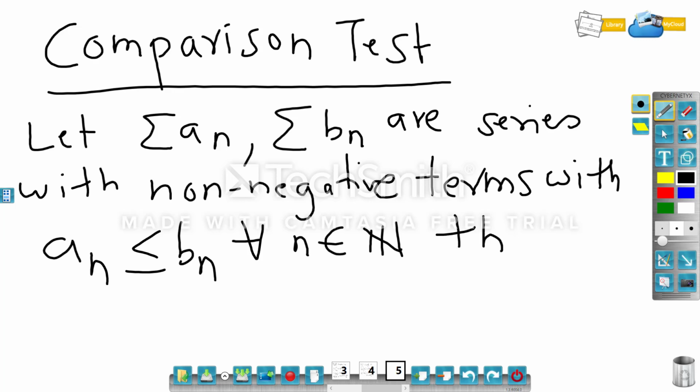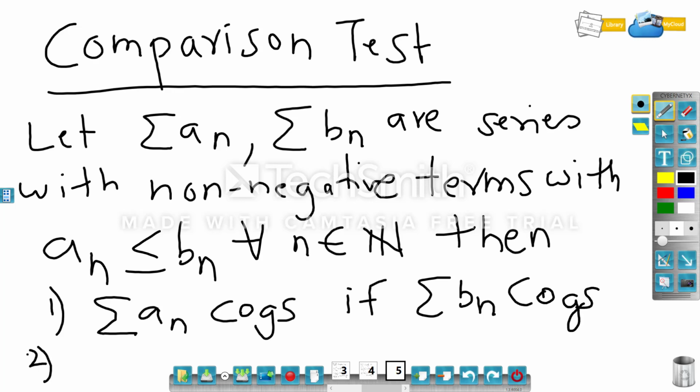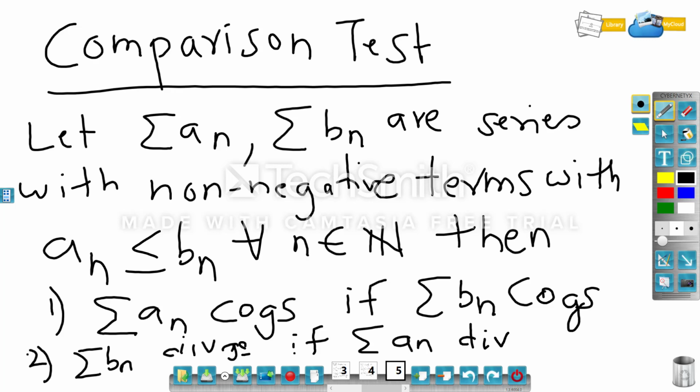Then number 1, series an converges if series bn converges, and number 2, series bn diverges if series an diverges.